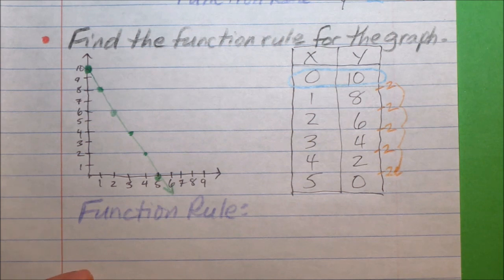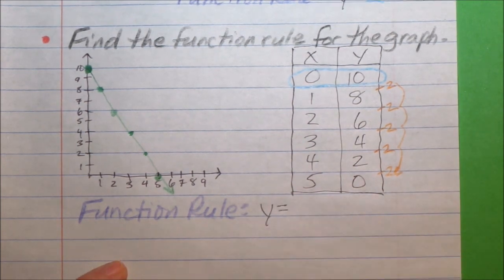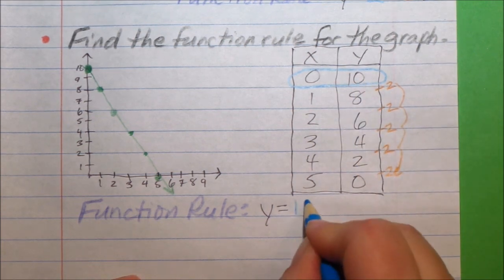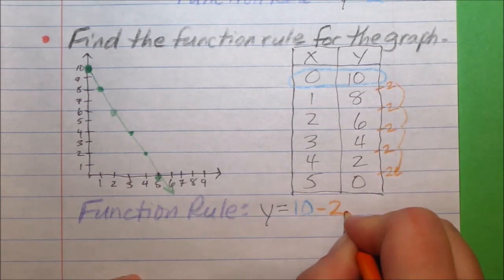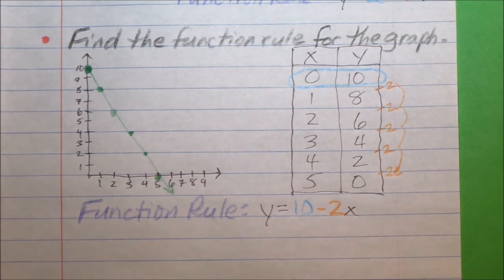Come back here. Okay, function rule is, so it always starts with y equals, then I need my start value, and we determined start value was 10. Okay, plus or minus rate of change, and it's going to be minus 2. And how do we end a function rule? Always with x. A function rule's got to have an x and a y. All right. Okay, so we did that.